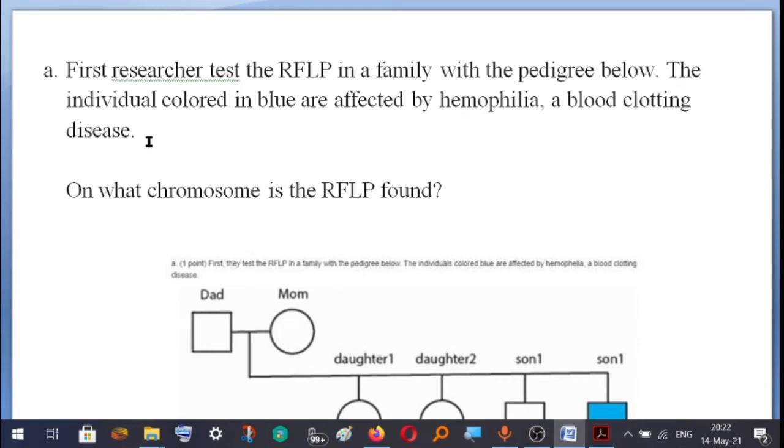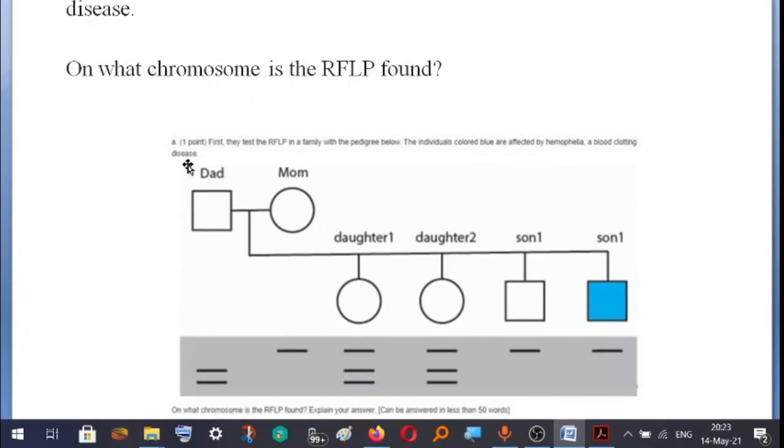The individuals colored in blue are affected by hemophilia, a blood clotting disease. So a researcher has come up with a pedigree analysis for a family where the colored individual, that is son 1 here, has the hemophilia, or he is affected by hemophilia.